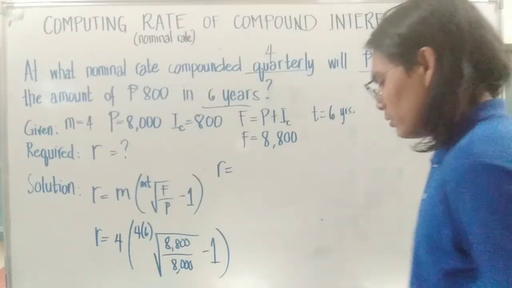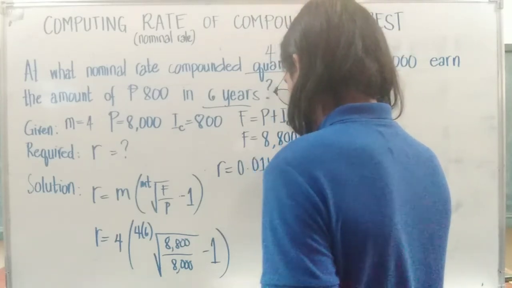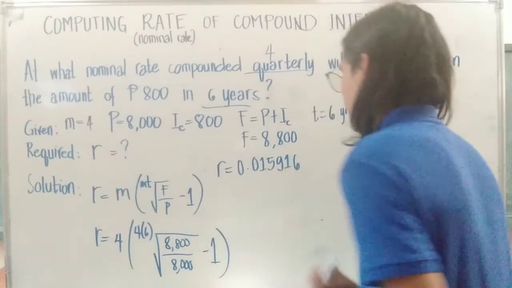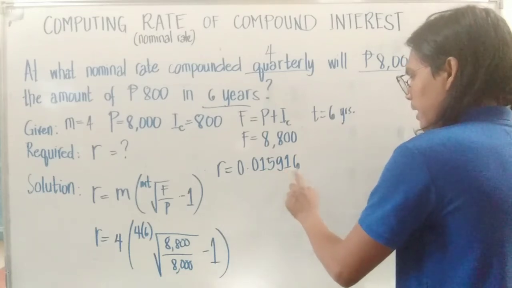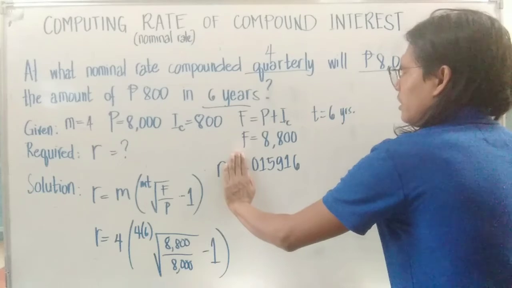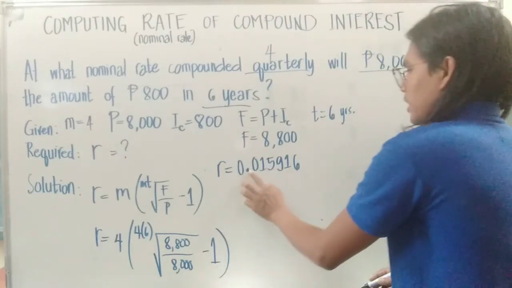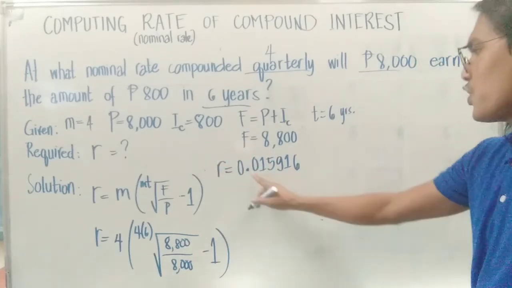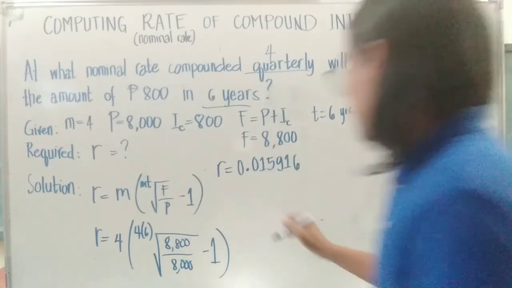So r is equal to 0.015916. Again, I am using 6 decimal places: 1, 2, 3, 4, 5, 6. So the 0 on the left side is insignificant, but to make it prettier, I'm just putting 0 in there to denote that it is a decimal number.